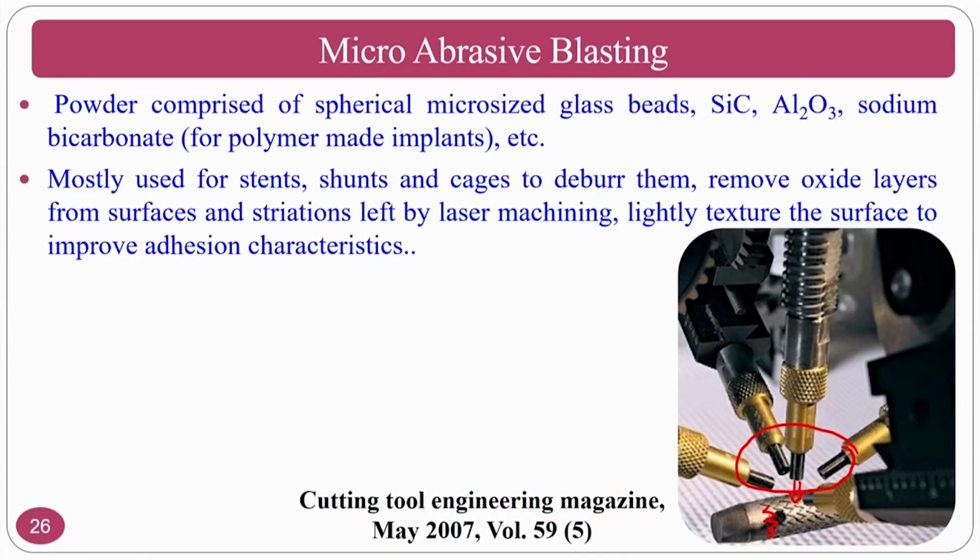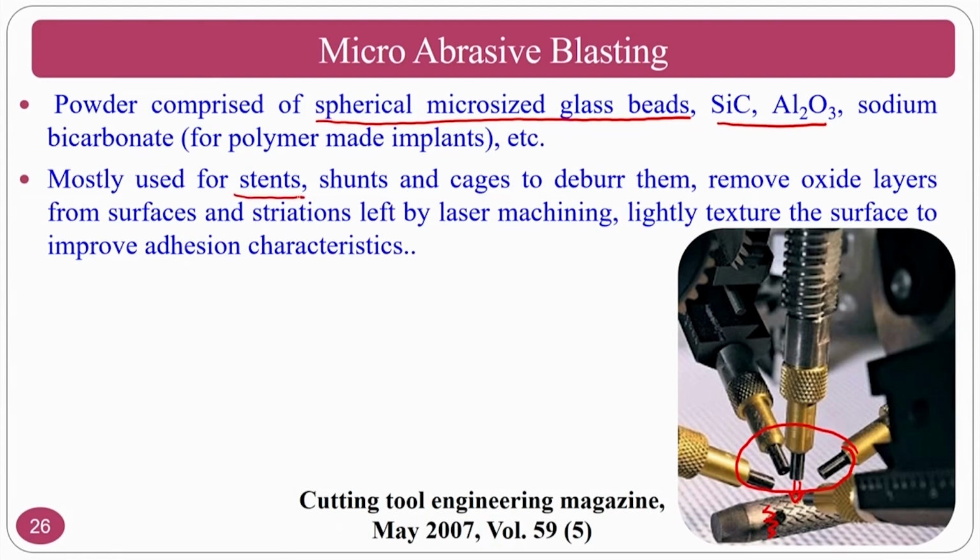So the powder comprises spherical micro-sized glass beads, silicon carbide, alumina, or sodium bicarbonate for polymer implants. Normally sodium bicarbonate can be used for polymers. Otherwise, if it is a metal, then you can go for silicon carbide or alumina. It is mostly used for stents.